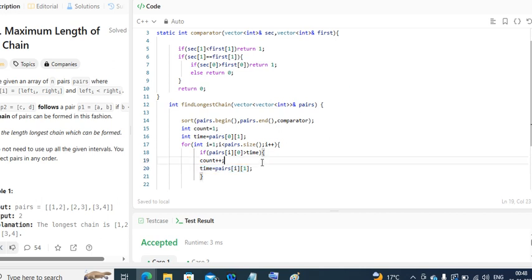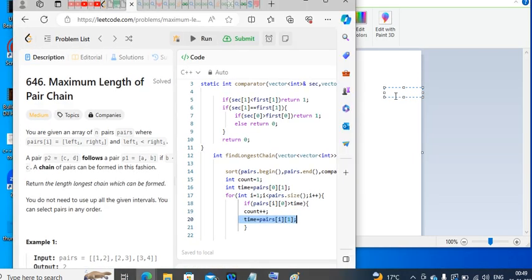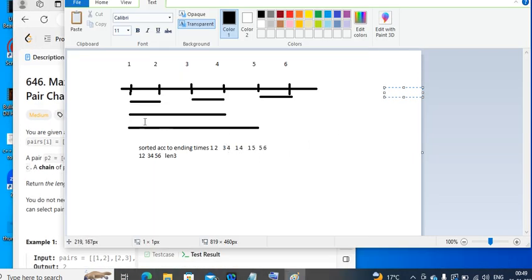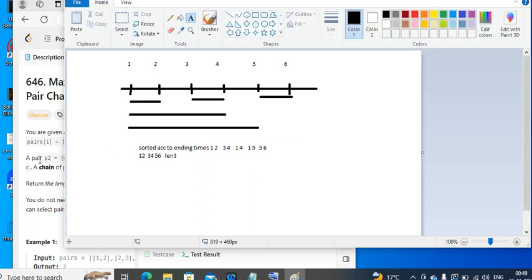So please don't update this variable if we have not added a new element to the answer. We are updating the ending time only if the current element is getting in the final answer, right? When I'm skipping these envelopes, I don't update the ending time. That is the reason why.